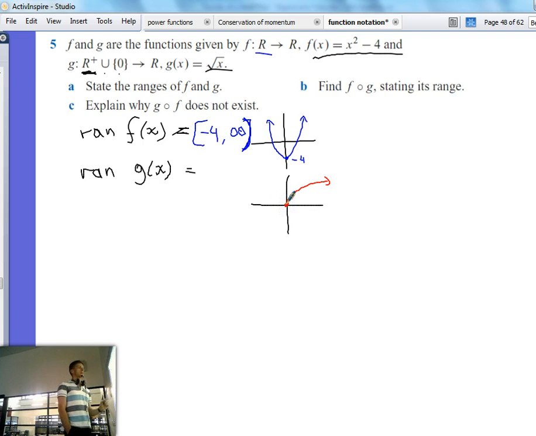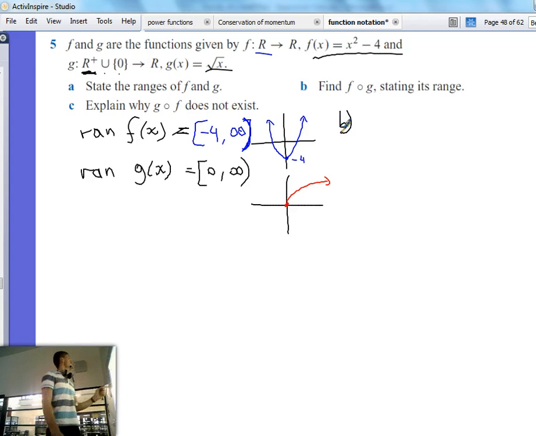Zero is an allowed value, and then all positive real numbers, but not negative. So our range, as you can see, has a minimum g value of 0 and a maximum of positive infinity: 0 to infinity.